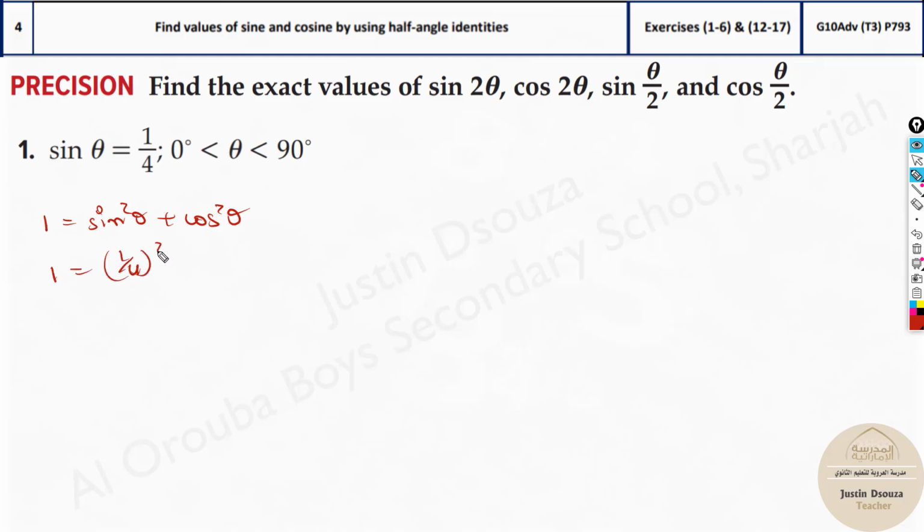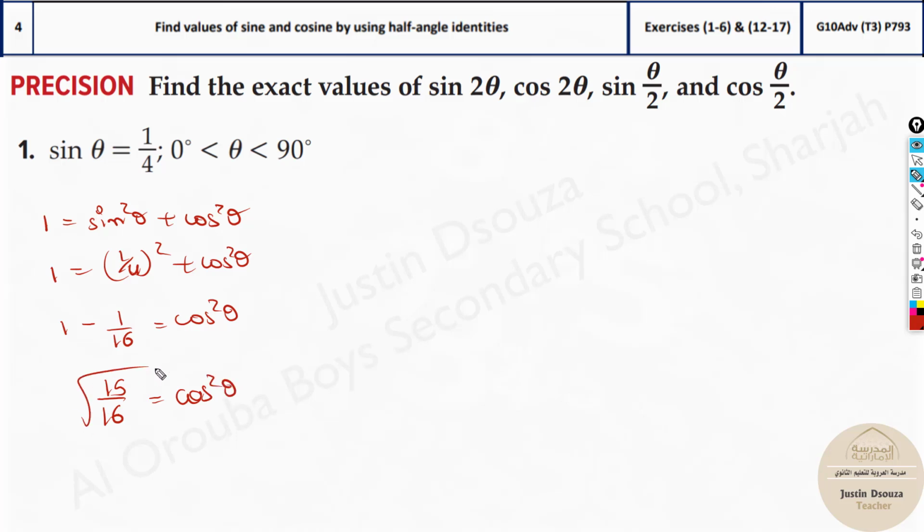Sine is 1 by 4, the whole square, plus cos square theta. Now you can take this to the other side, it will be 1 minus, now square both the sides, 4 square is 16, equals cos square theta. This will be 16 by 16, it will be 15 by 16. So 15 by 16 equals cos square theta.